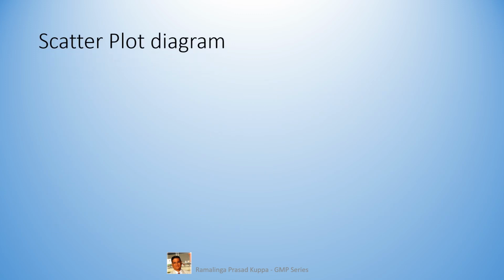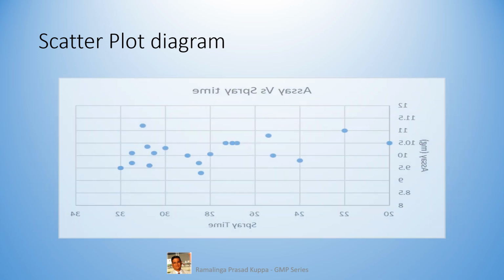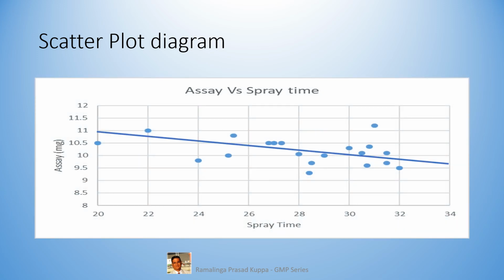Let us see the typical scatter plot diagram. You can see 10 points above the best fit line and 10 points below the best fit line in this scatter diagram for SA versus spray time.